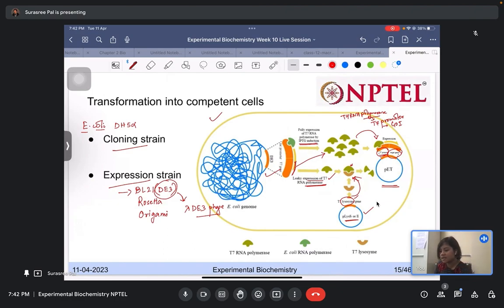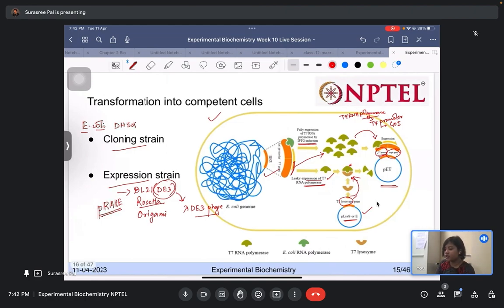So Rosetta is such an expression strain where there is pRARE. pRARE is a plasmid which contains genes for some rare tRNAs. So tRNAs for rare codons are present in this Rosetta strain such that the codon bias can be overcome.